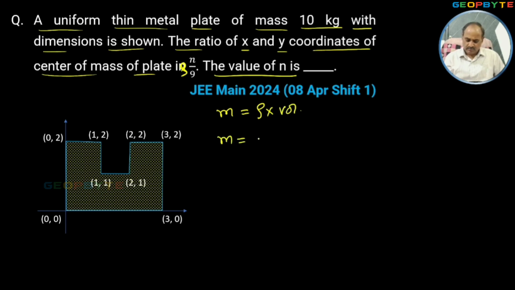Mass equal to density multiplied by volume means area multiplied by thickness. Since thickness is remaining same, density rho remains same. Therefore, I can say that mass of the plate is proportional to area.